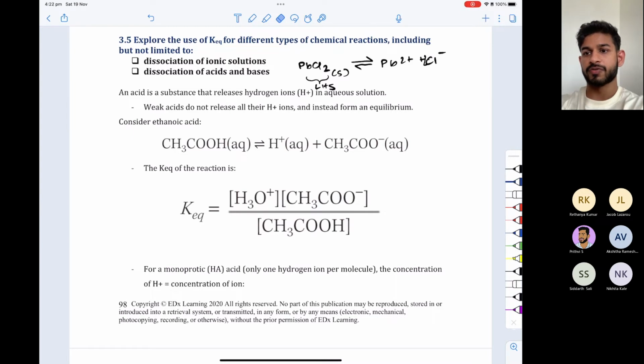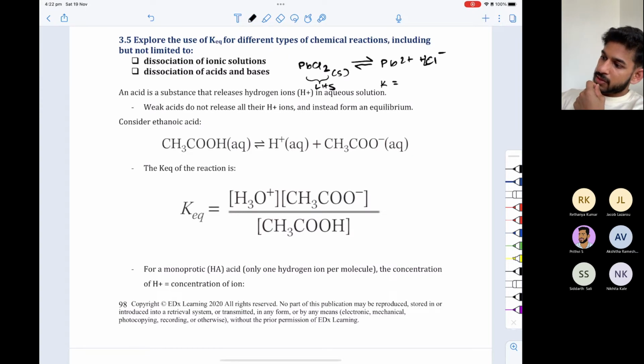What's the expression for K, Akshita? Lead chloride. So it was products over reactants. So the product would be PbCl2. Is the product on the left-hand side or is the reactant on the left-hand side? The products on the right-hand side. Yeah, okay, so be very careful there. So again, start again. K is products over reactants.